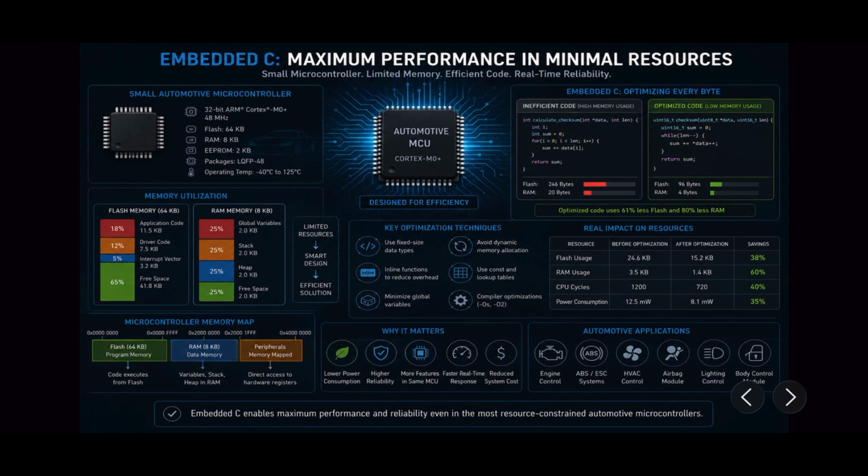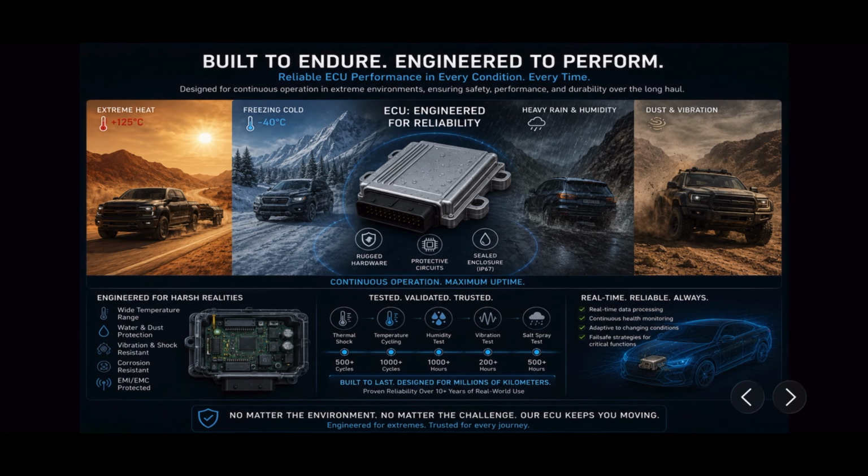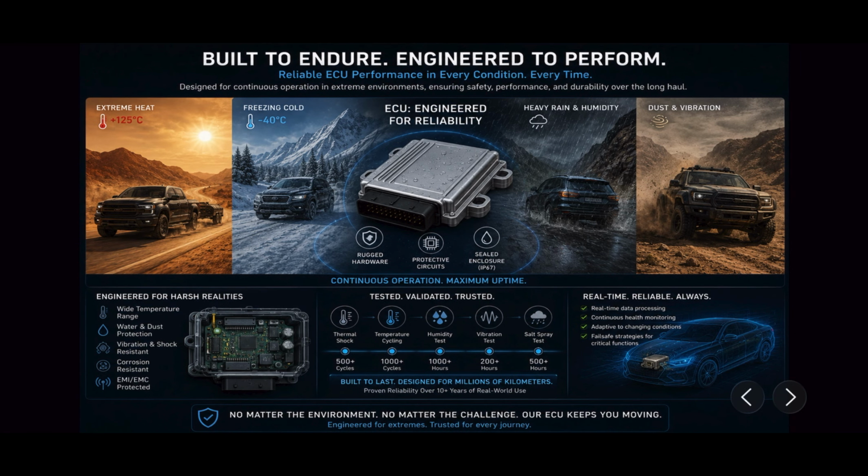Embedded C works efficiently even with very small resources. Reason number 4, reliability. Automotive software must run continuously for years without failure. Embedded C provides predictable and reliable behavior. That's why it remains the backbone of automotive software development.